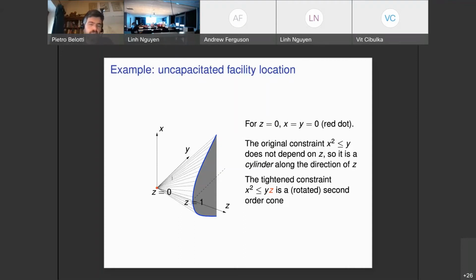This is the nice thing about it: it allows us to eliminate a lot of uninteresting solutions from the problem just by changing a constraint and not even adding one. And the constraint that we added is actually a rotated second-order cone, which is one of the nicest to deal with when solving MIQCQPs.